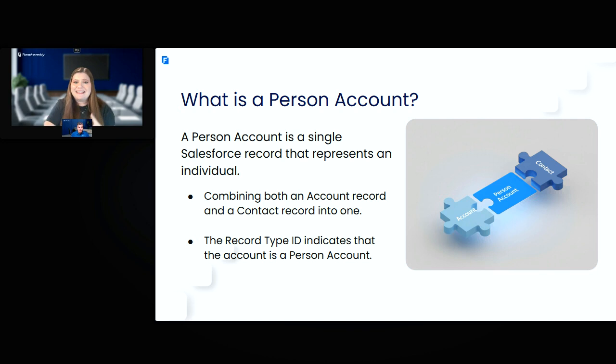We'll come back to this when we talk about configuring FormAssembly connectors to work with person accounts. For now, the key takeaway is even though you see a single person account record, Salesforce is still using both an account and a contact behind the scenes and relying on record types to control how that record appears and behaves.